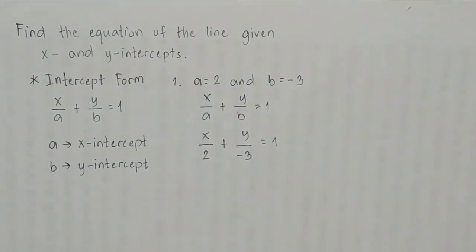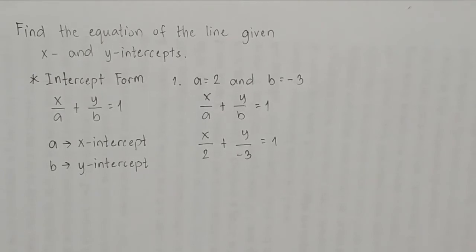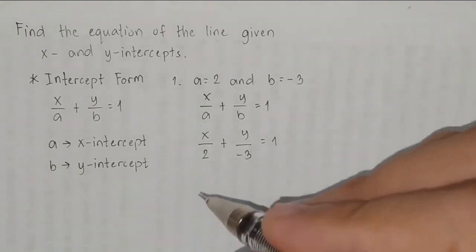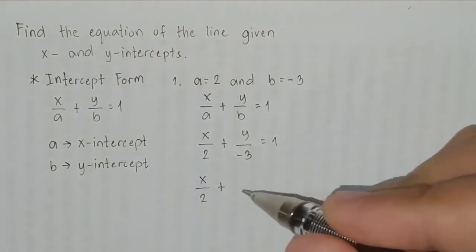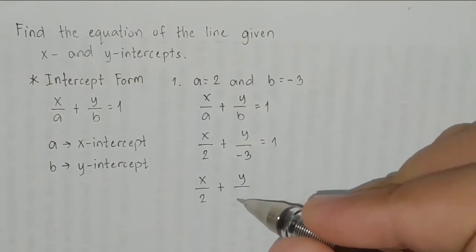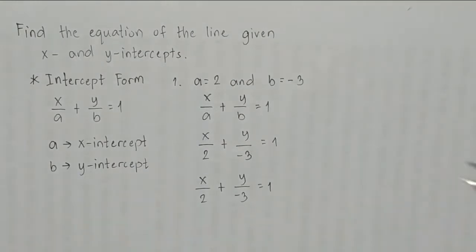After natin mag-substitute ng mga given, para makuha natin yung pinakang equation of the line, una, i-rewrite muna natin to. x over 2 plus y over negative 3 is equal to 1.